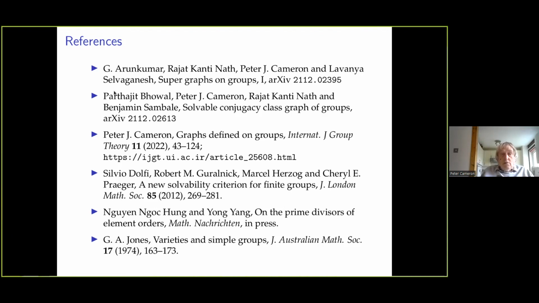And that's what we do in the second paper here. So I think both things are interesting, but it depends which question you're trying to look at. For example, if you want to know the size of the largest complete subgraph, you might look in the condensed graph and then just blow it up to a complete subgraph by going back to the original. Yeah, thank you. I understand a little bit.